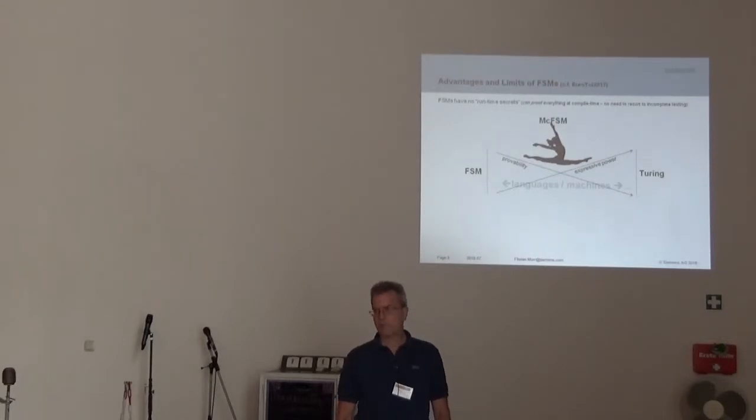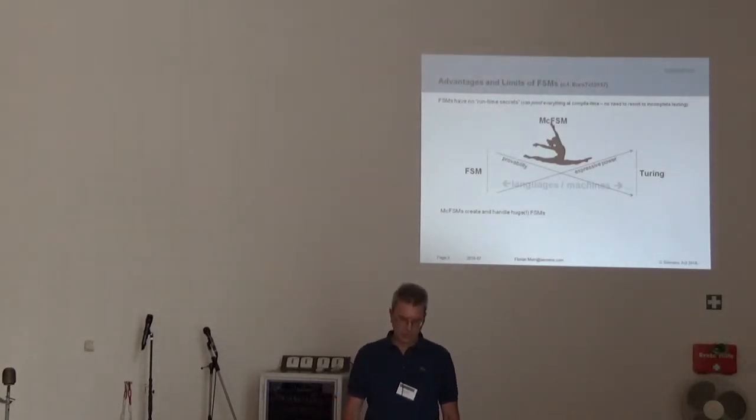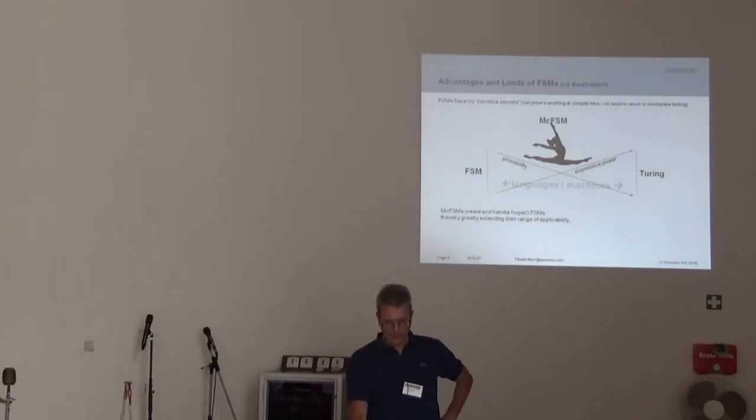And McFSM tries to go a bit from the left side to the right side, but not too far, just so much that you still have the provability and gain more expressive power. McFSM can handle huge finite state machines. It is thereby extending greatly the range of their applicability, and it retains their advantages.